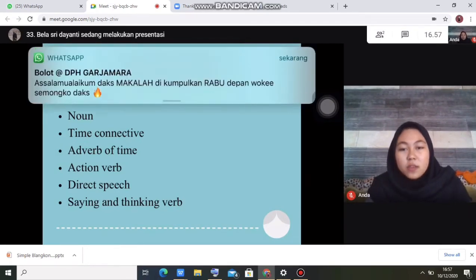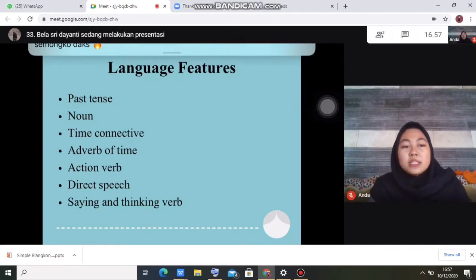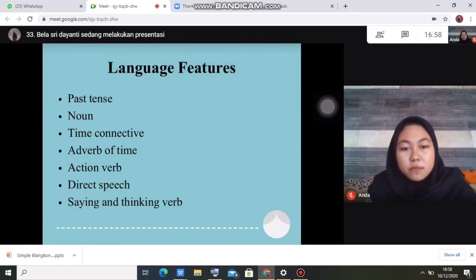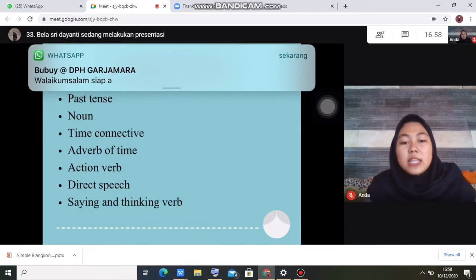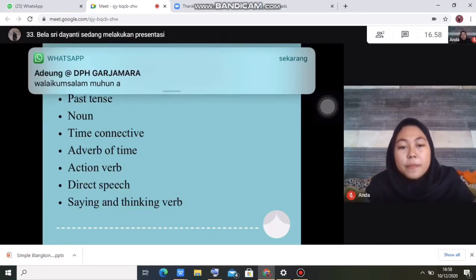Language features. When we start writing a narrative story, we must use language features. The first one is past tense. Narrative text uses past tense verbs. For example, ate, met, drank, sang, and others.